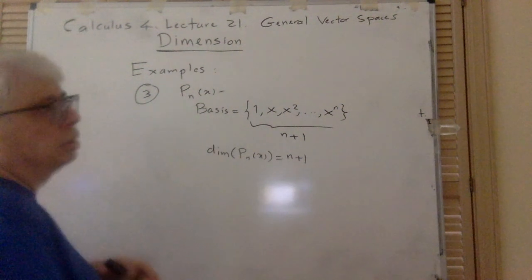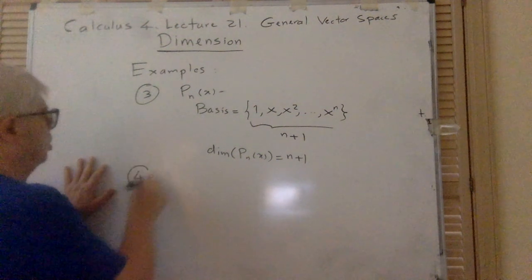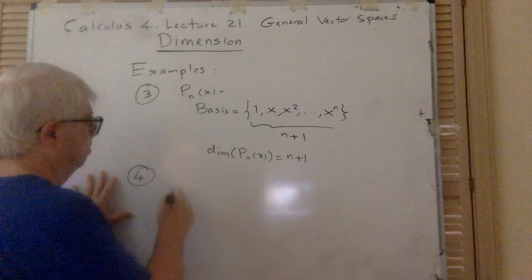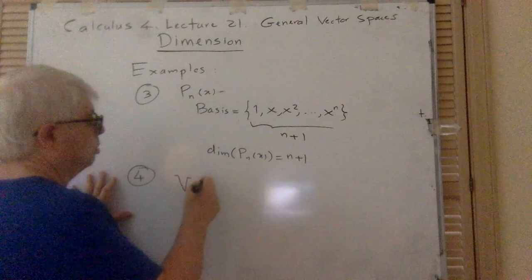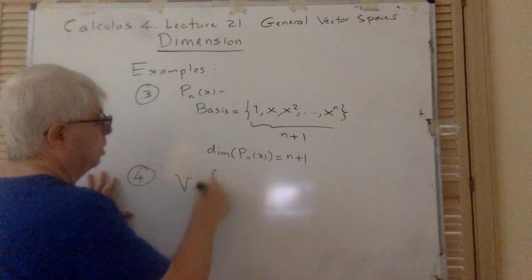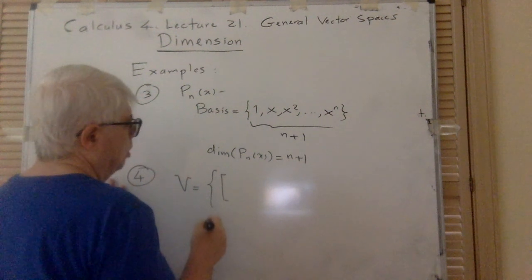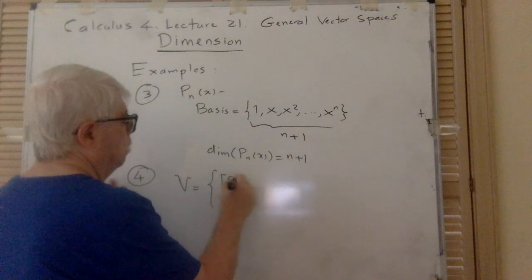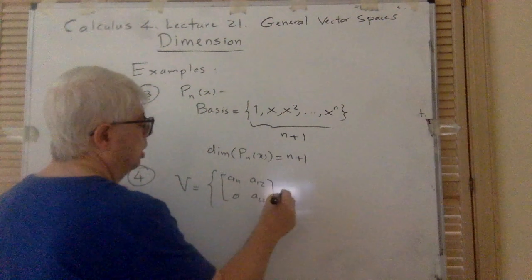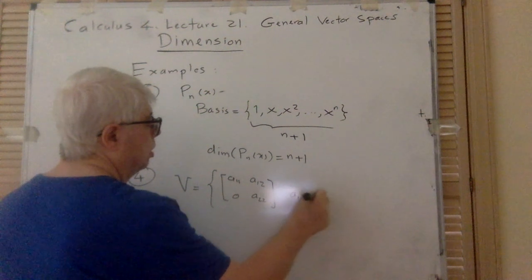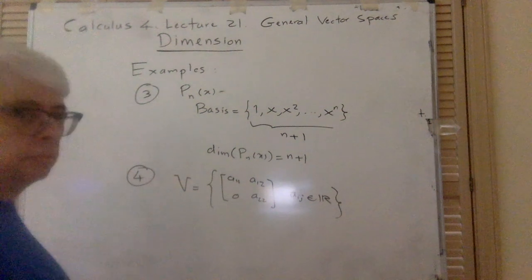What else did I discuss? Okay, so let's look at something like this. Let's say V is a subset of matrices of the form A11, A12, 0, A22, where the Aij's are in R. So what is a good basis for this?